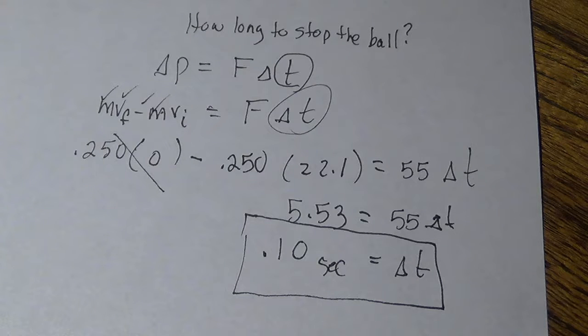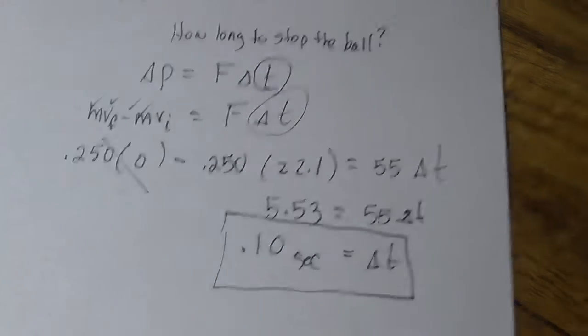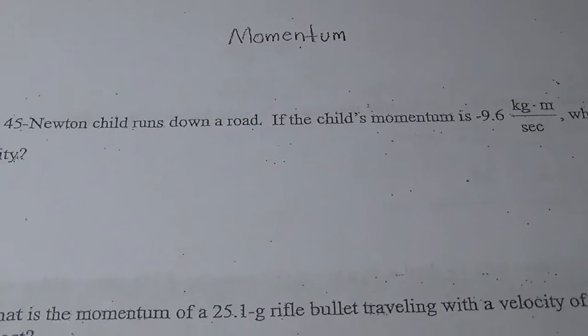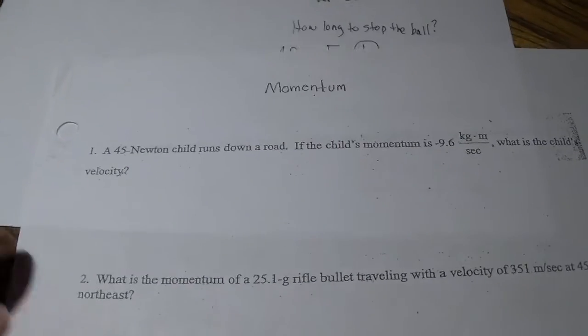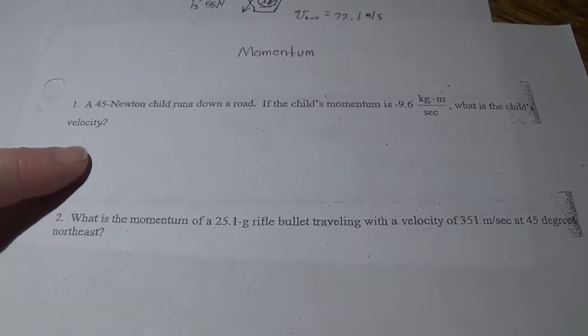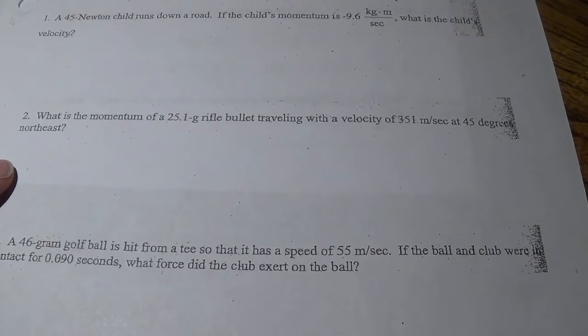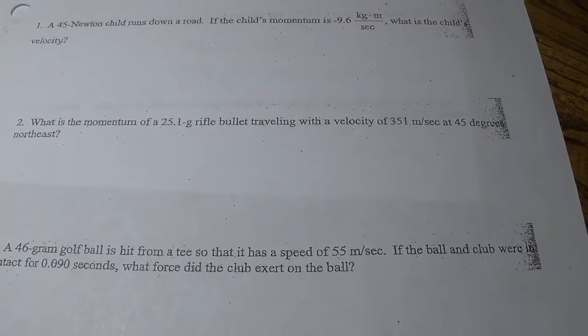All right, you will be using these formulas to do these problems. That's the momentum worksheet. We already mentioned that this one is P equals mv. Here we have momentum and velocity, so P equals mv.